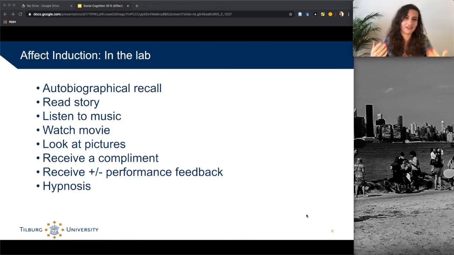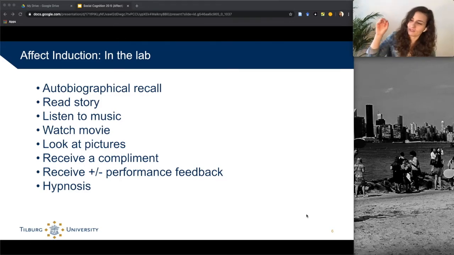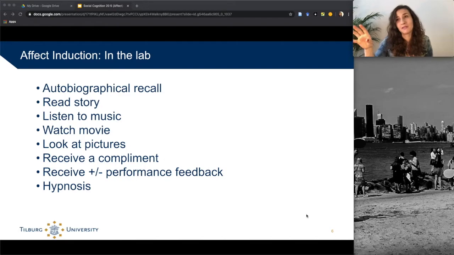What they process. And if you give someone a happy story and compare this with a story that you think should make people feel sad, this might create your affect in the lab. Now, of course, you still don't know if everyone is going to react to your story in the same way. That's an assumption you have to make, but you gain some control over the input that you give your participants.